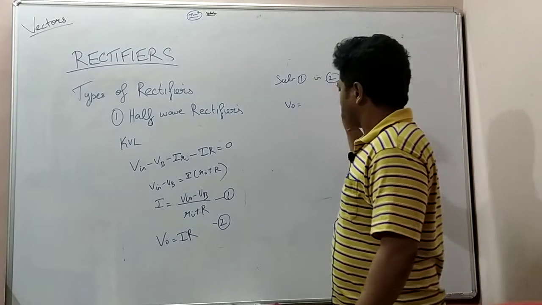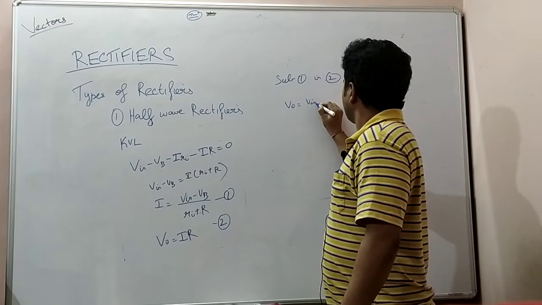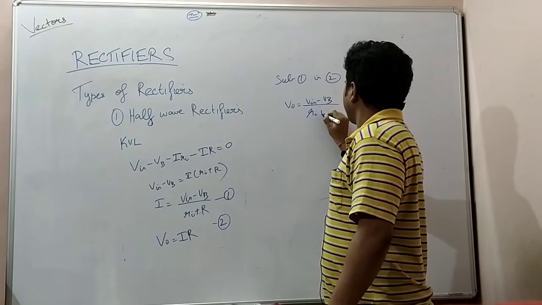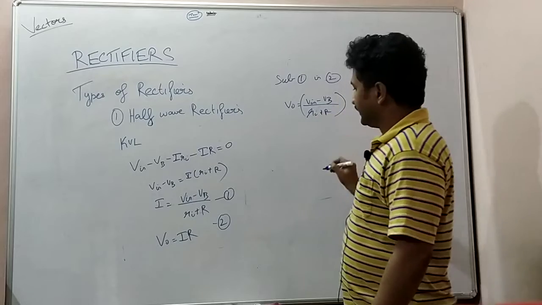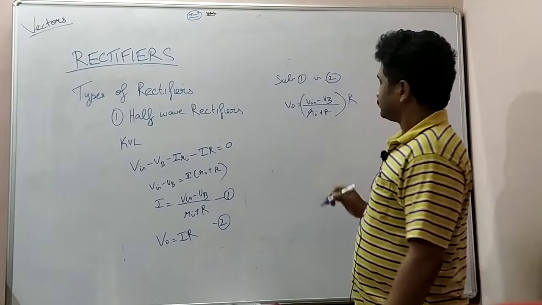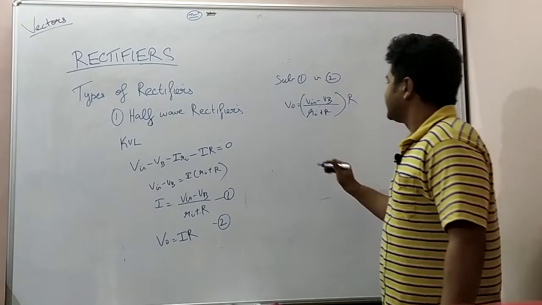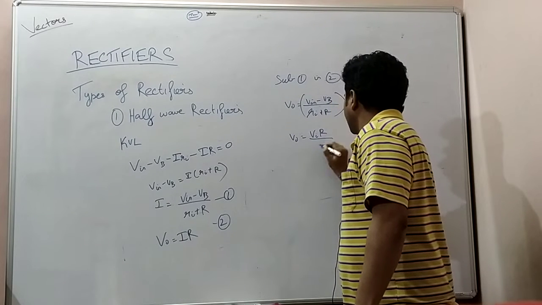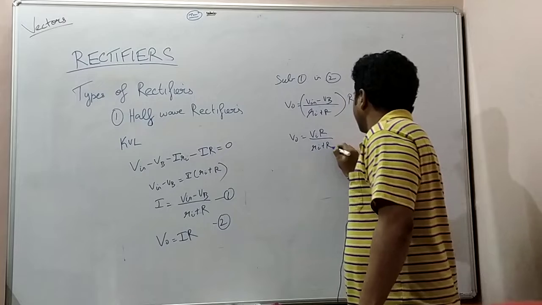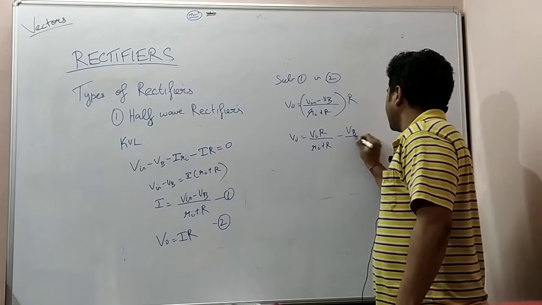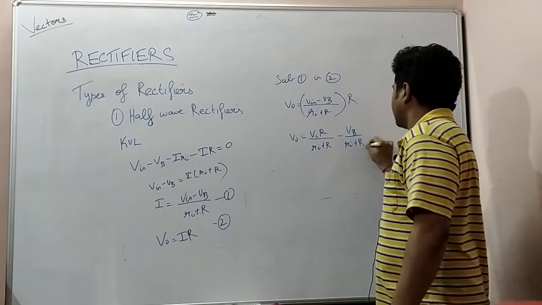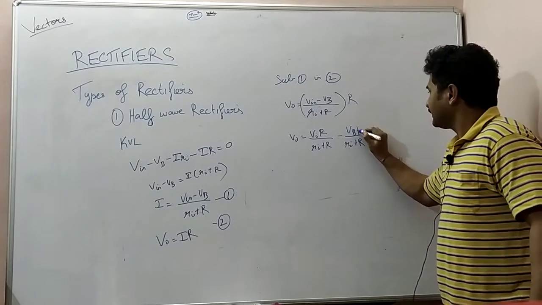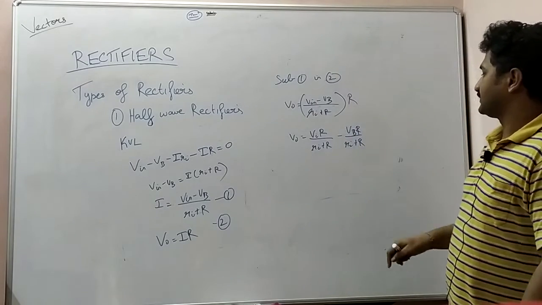V0 equal to V in minus VB divided by RI plus R into R. So taking R inside, V0 equal to V in R divided by RI plus R minus VB R by RI plus R.